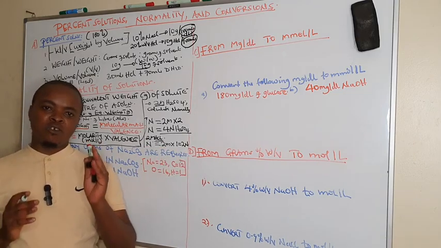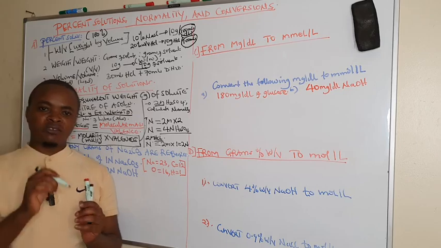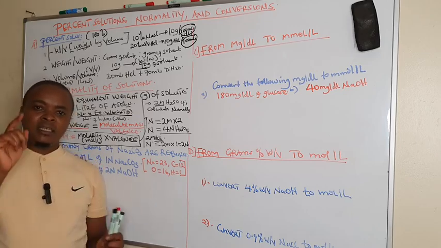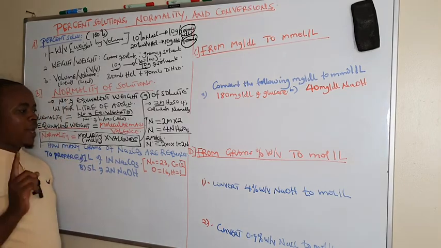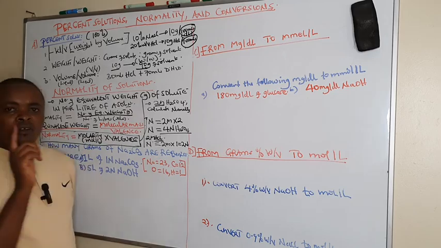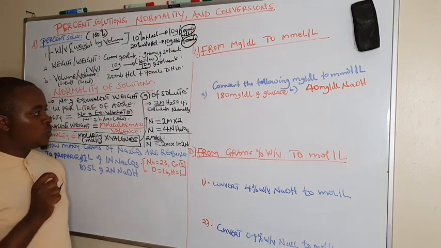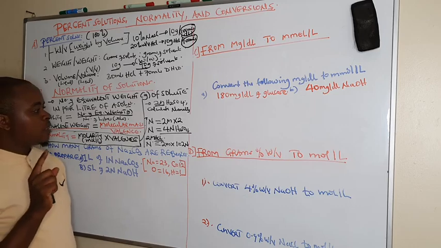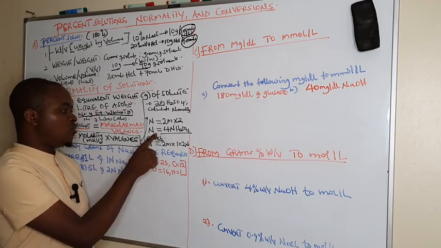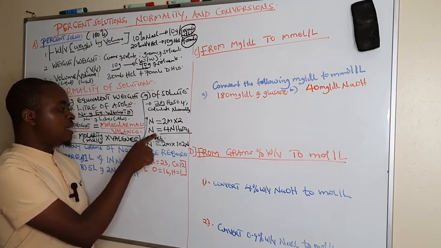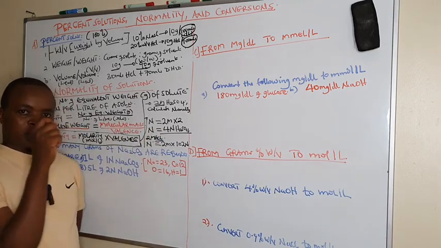For monovalent compounds, compounds with the combining power of 1 or with the valence of 1, normality is the same as molarity. Whereas for divalent compounds or compounds with a valence of 2, we're going to say that molarity is half normality, or we can say that normality is double the molarity.